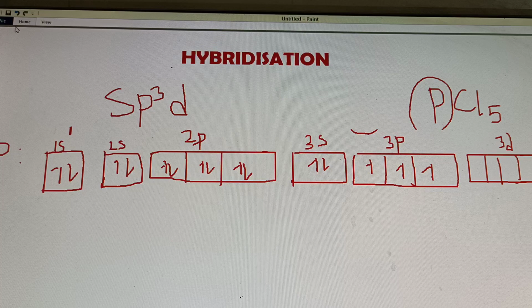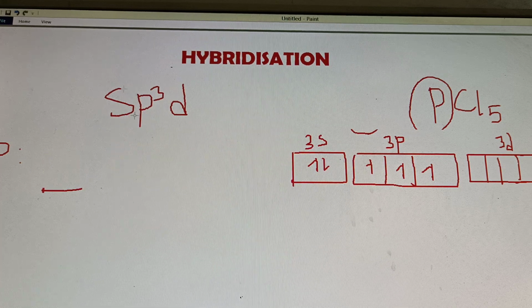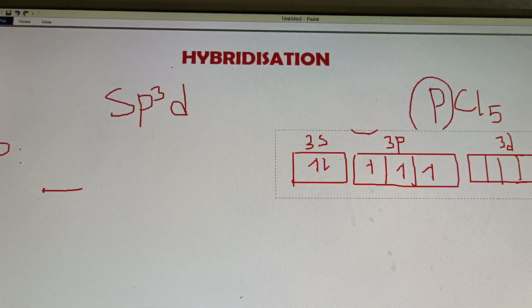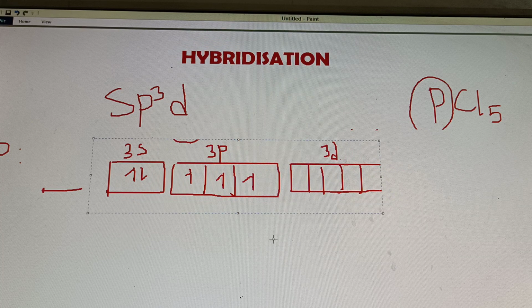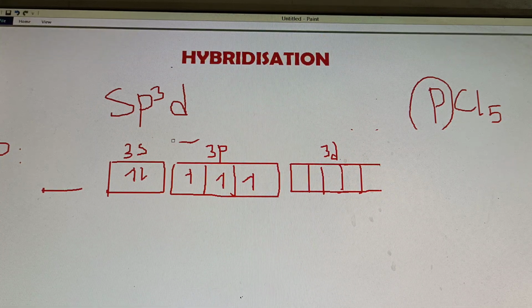We only consider the valence shell. So this is the valence shell, 3s, 3p and 3d. Clear? 3s, 3p and 3d are the valence shell.